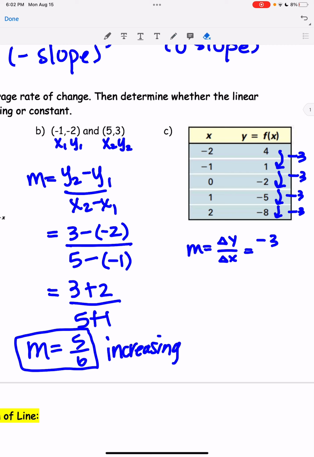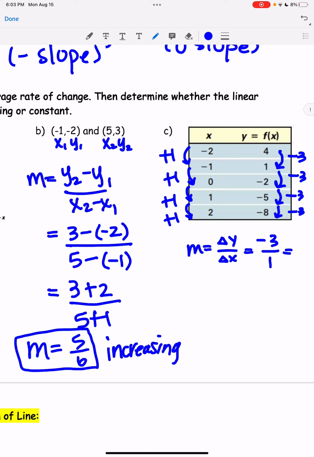Okay, so then look at your delta x. How is this changing from one number to the next? Negative 2 to negative 1, we're adding 1. Negative 1 to 0, adding 1. 0 to 1, adding 1. And 1 to 2, adding 1. So my delta x is 1.